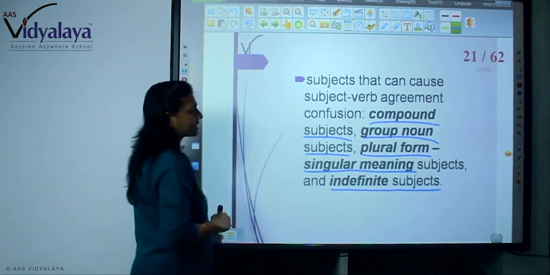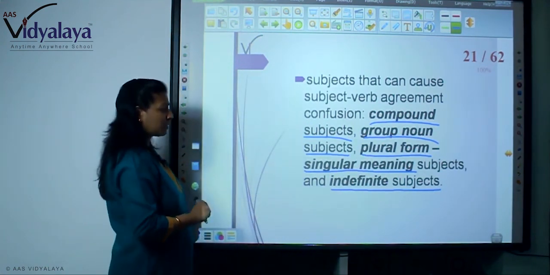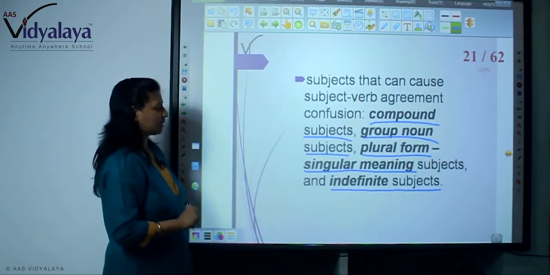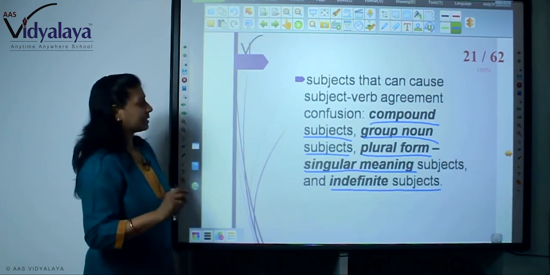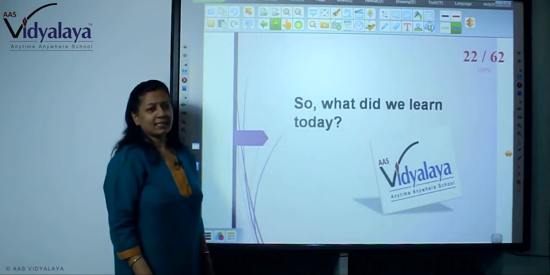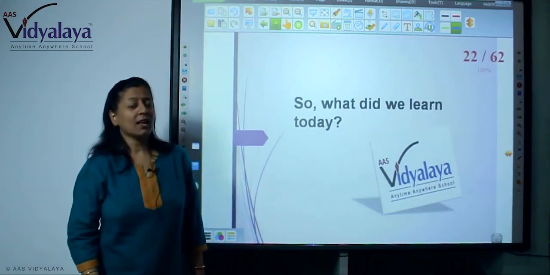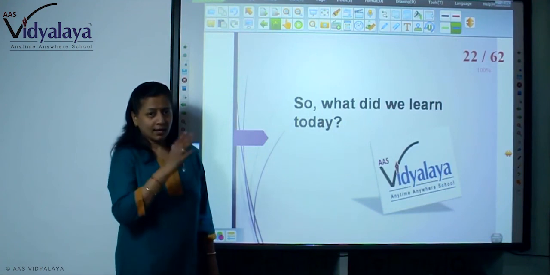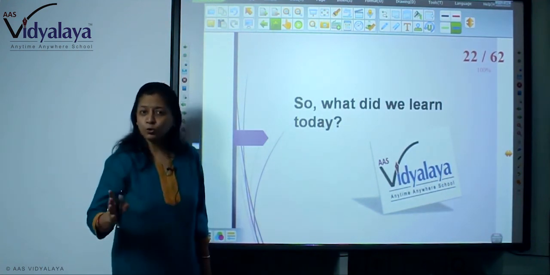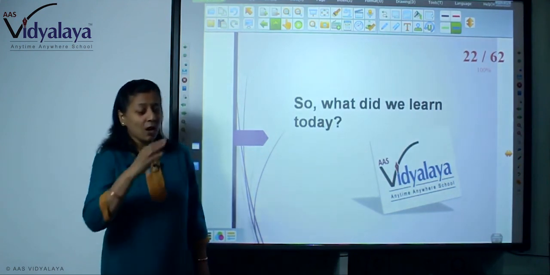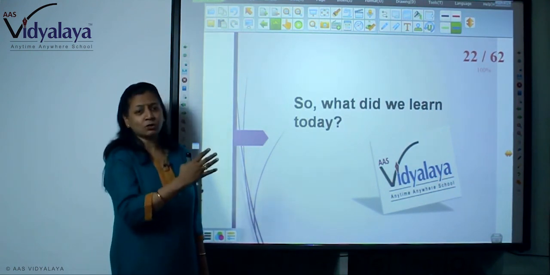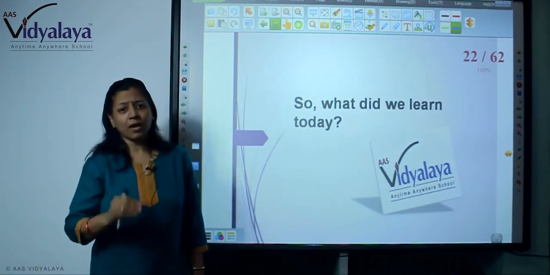Though the form is plural, the meaning is singular, and indefinite subjects always create confusion. So, in this slide, we have learned many types of rules related to subject-verb agreement. We'll have to go through the rules and understand them. When you go through the chapters, please pay attention to the rules. Then only you will be perfect.